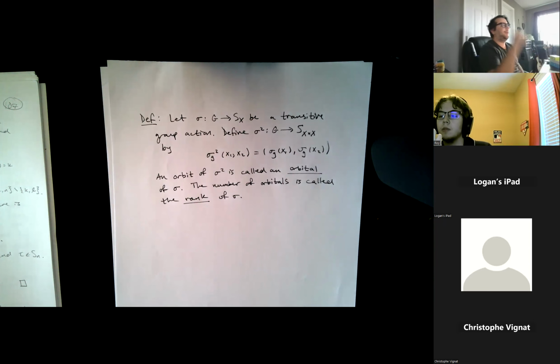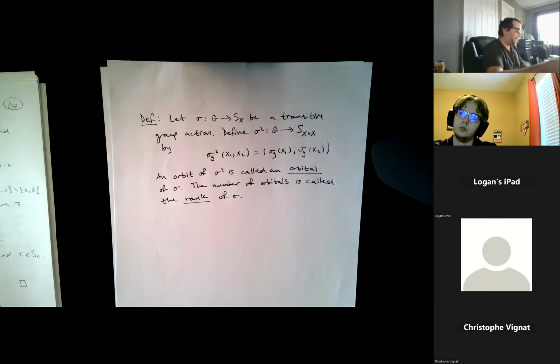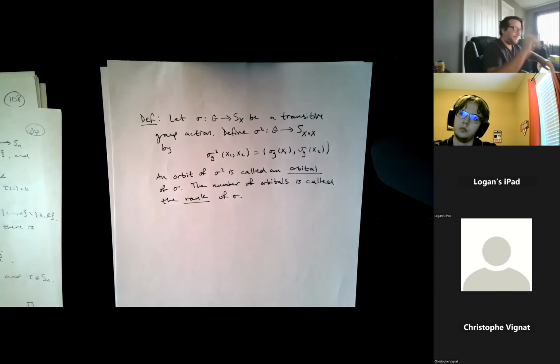And those orbits are called orbitals of sigma. It's very stupid. But anyway, the number of orbitals is called the rank of sigma.